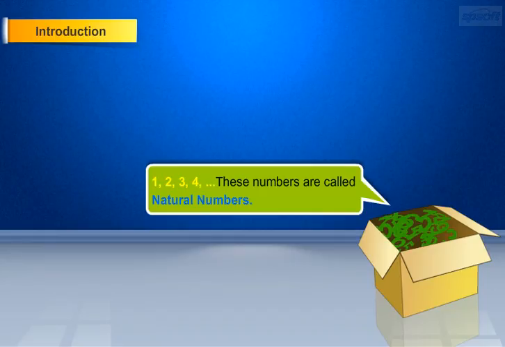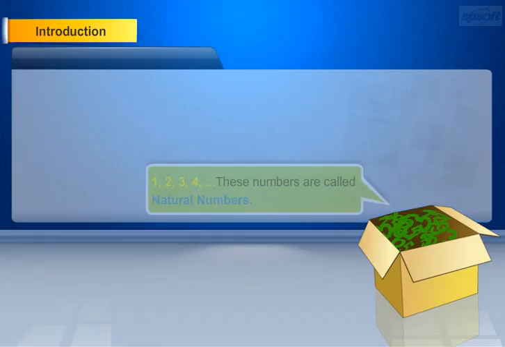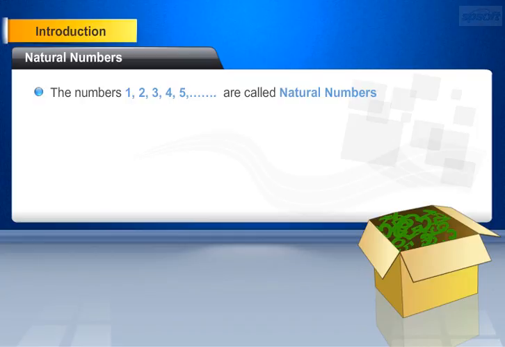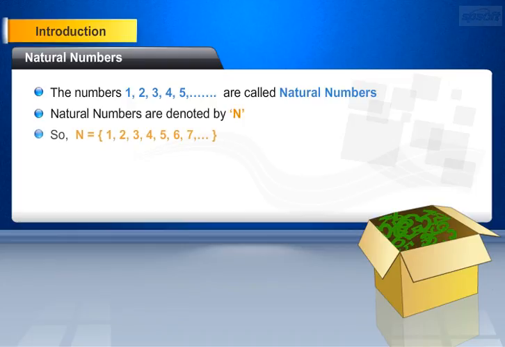Let's define, what do you mean by the natural numbers? Natural numbers. The numbers 1, 2, 3, 4, 5 and so on are called natural numbers. Natural numbers are denoted by the letter N. So, we have N equals 1, 2, 3, 4, 5, 6, 7 and so on.